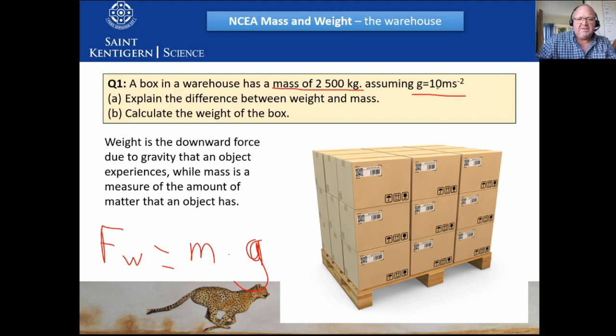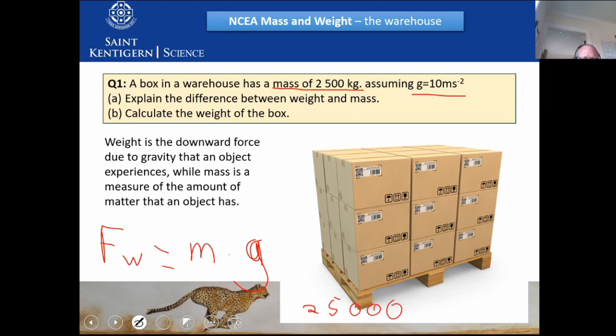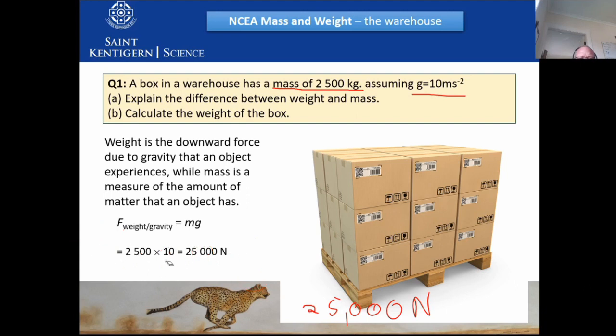So 2,500 times 10, easy peasy, 25,000 Newton. Okay, so there you go. Let's see the model answer. Yep, they got the same as we did.